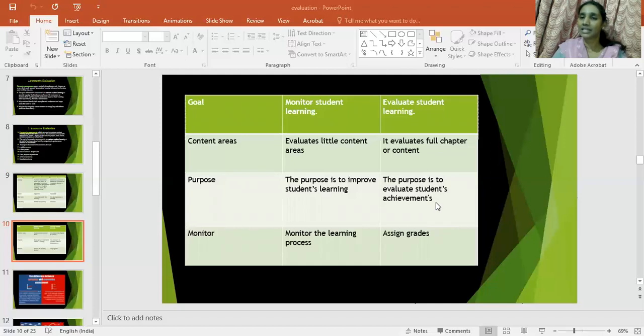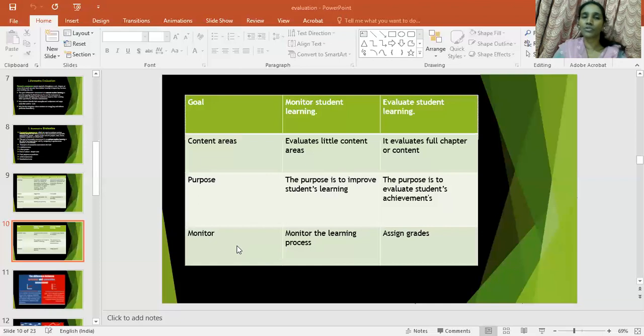As I have told you, we will give you grades or a percentage after evaluating your papers. The percentage we give and the grades we assign are nothing but your achievements.